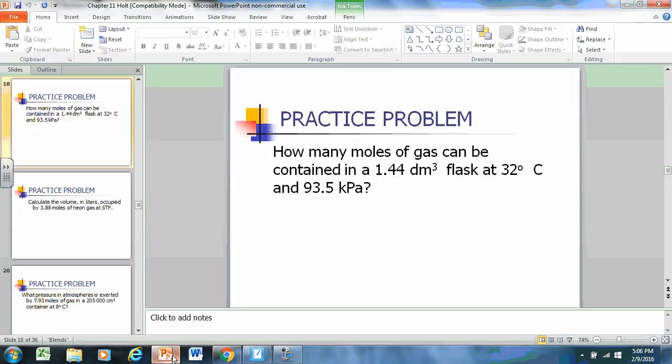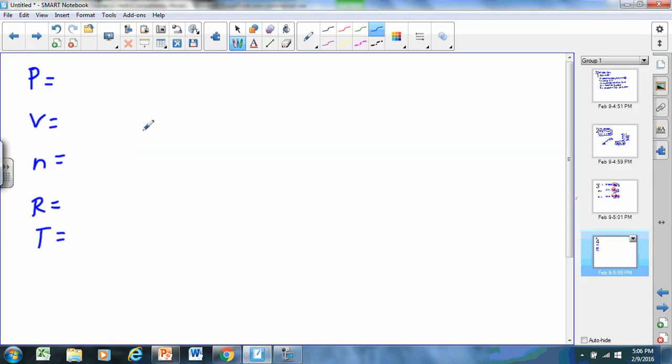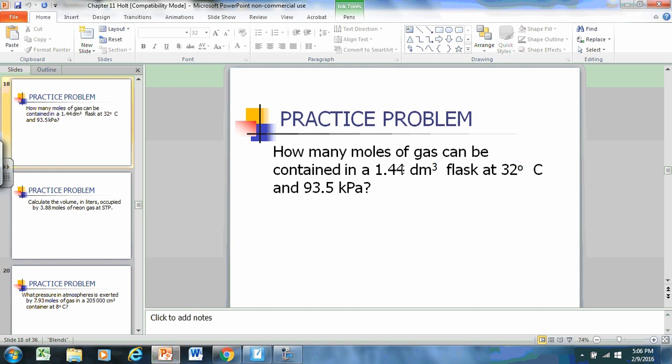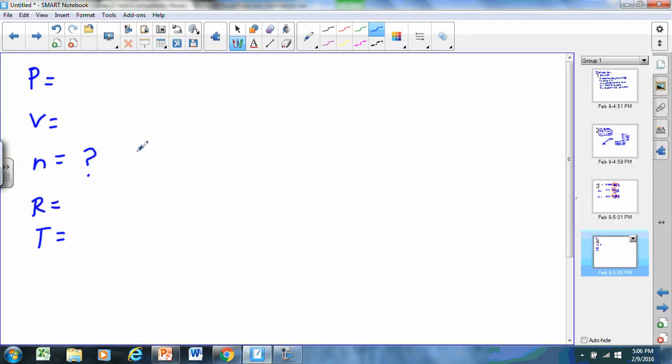Now, if I flip back to this PowerPoint, it says, how many moles? So I don't know moles. So this is my question mark. And then the next number I see is 1.44 cubic decimeters. So for volume, I'm going to put in 1.44 cubic decimeters.